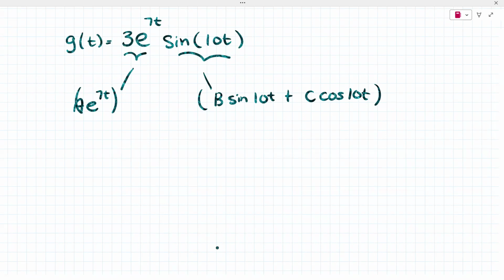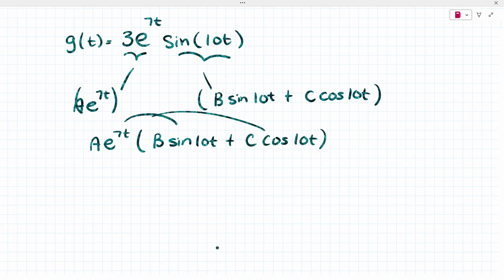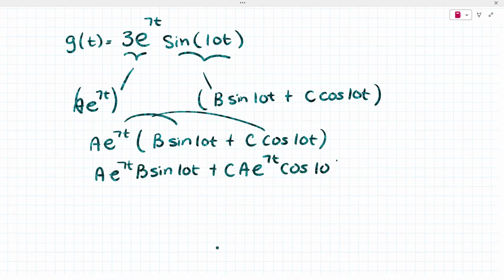So when you FOIL this out, you're going to get A e to the 7t times B sin of 10t plus C A e to the 7t times cosine of 10t.